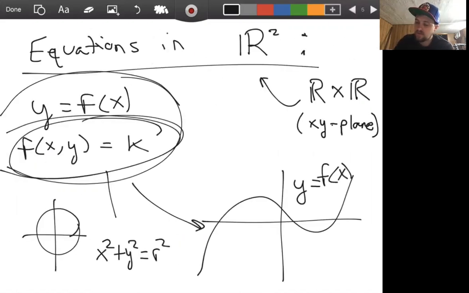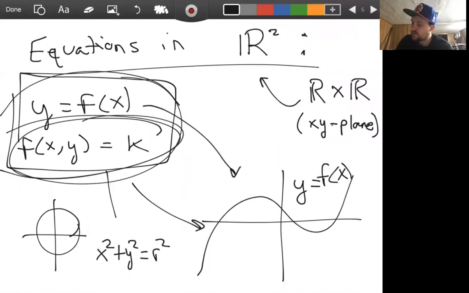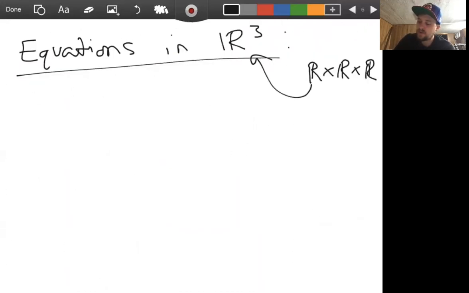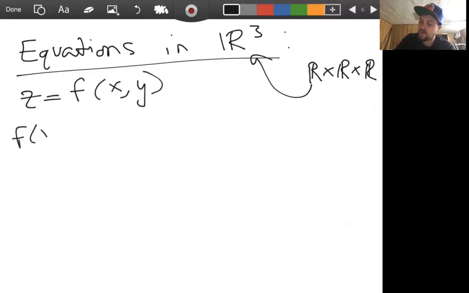Equations in three-dimensional space. So let me say one more thing about equations in two-dimensional space. An equation represents a curve, right, in two-dimensional space. Now, an equation sometimes can look like z equals f of xy, or something like f of xyz equals a constant here.